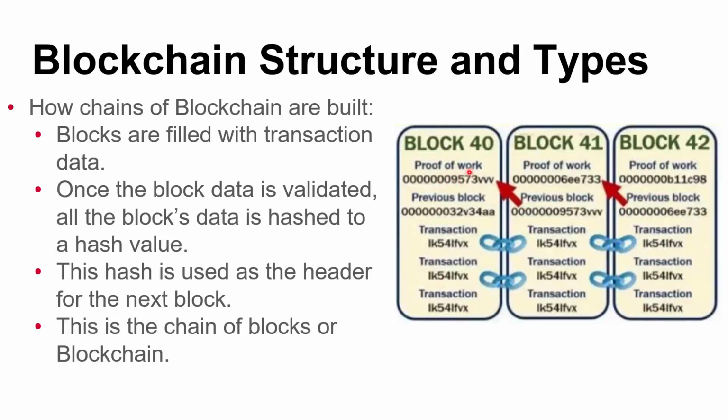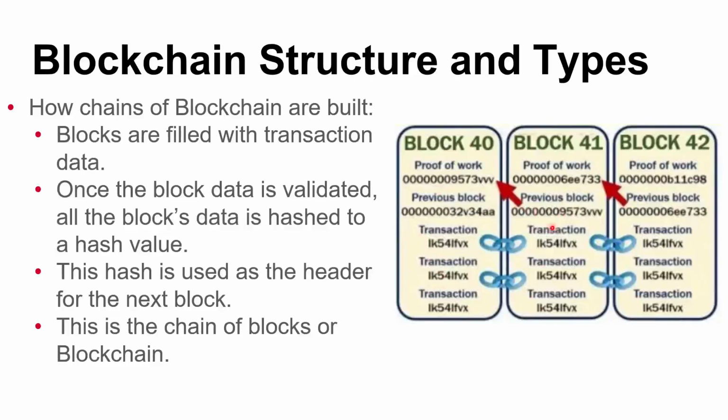This proof of work then becomes part of the header for the next block. So we have block 40, we're going to block 41, and we see all these transactions and its output hash, and this output hash is in the header of the next block. This is actually what we're talking about, the chain. This block now knows its successor because it's looking for its hash in the next block.